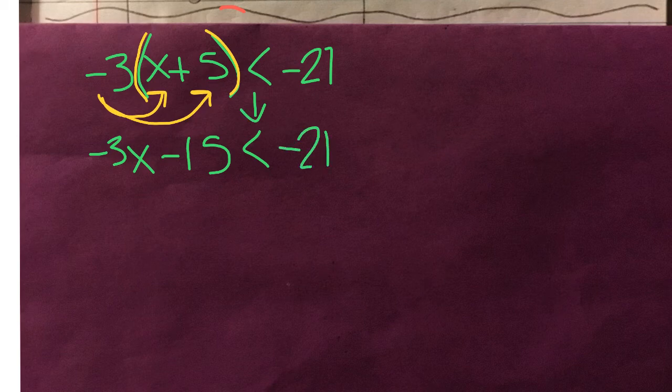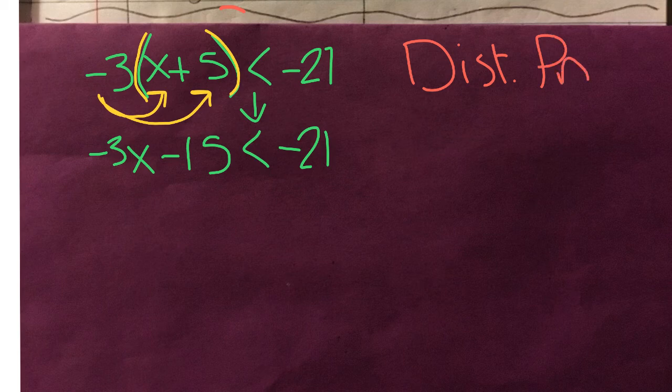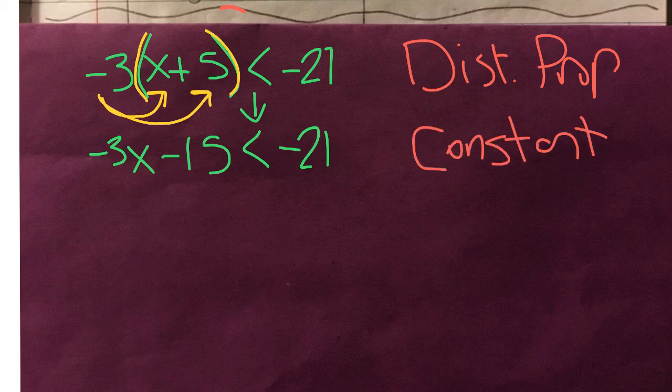Now I can go ahead, so let me write this as I went. So we did the distributive property. Now my next step here, I don't have any like terms that I can combine, so I can go ahead and start solving this. We need to get rid of the constant. That constant is the number over there that's all by itself.